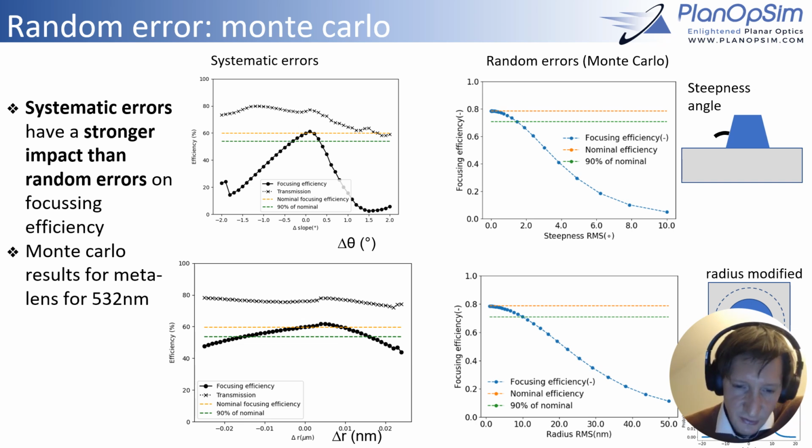We see a similar story for modifying the radius. Modifying the radius here a little bit causes the focusing efficiency to decline, whereas the design is more tolerant to changes that are random.